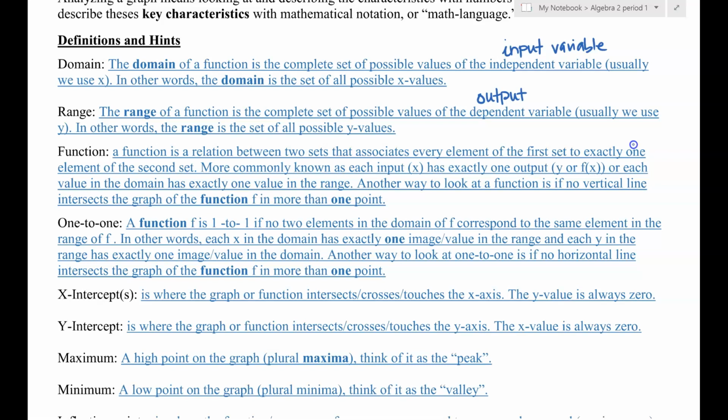Each value in the domain has exactly one value in the range. Another way to look at a function is if no vertical line intersects the graph of a function, sometimes we call it f, in more than one point.